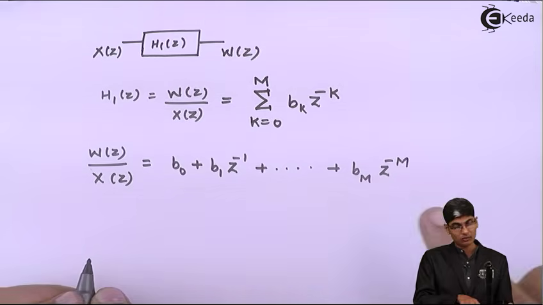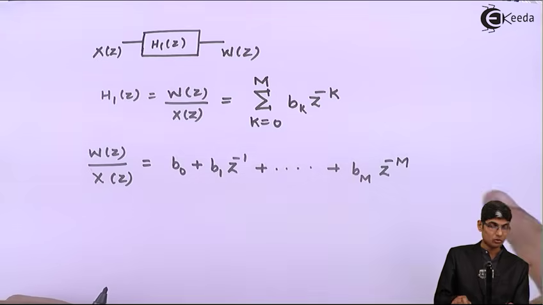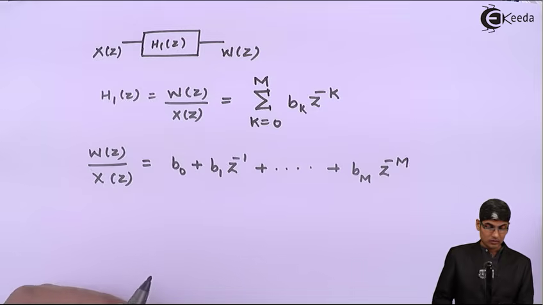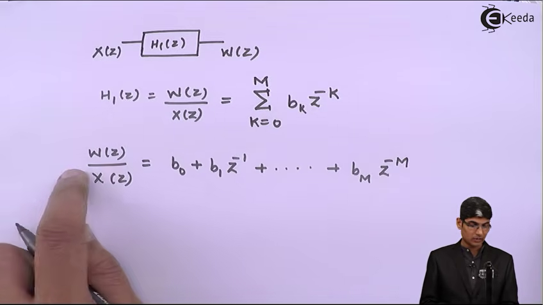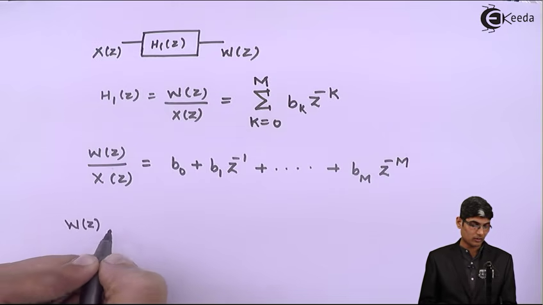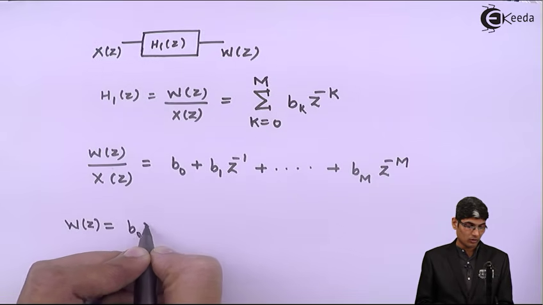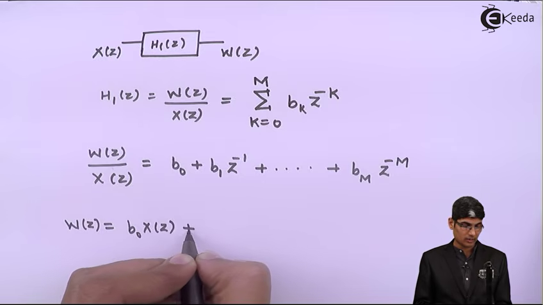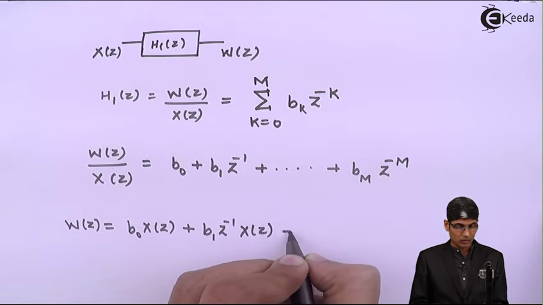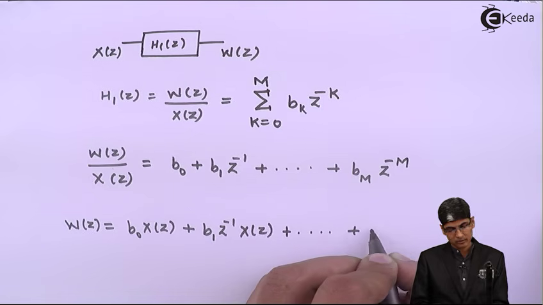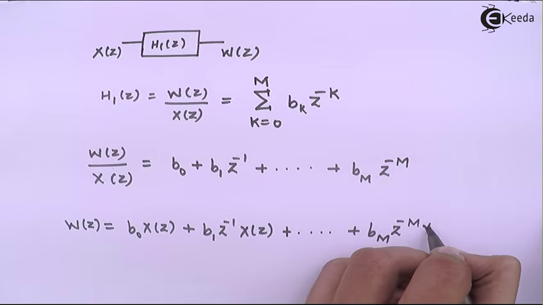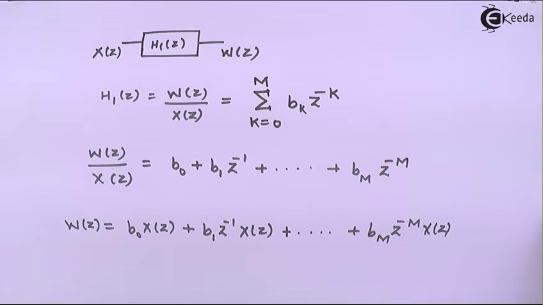I am just putting the value of k from 0 to m. Now multiplying by x of z on both sides, you get w of z equals b naught into x of z plus b1 z inverse x of z plus dot dot dot plus bm z raised to minus m x of z.